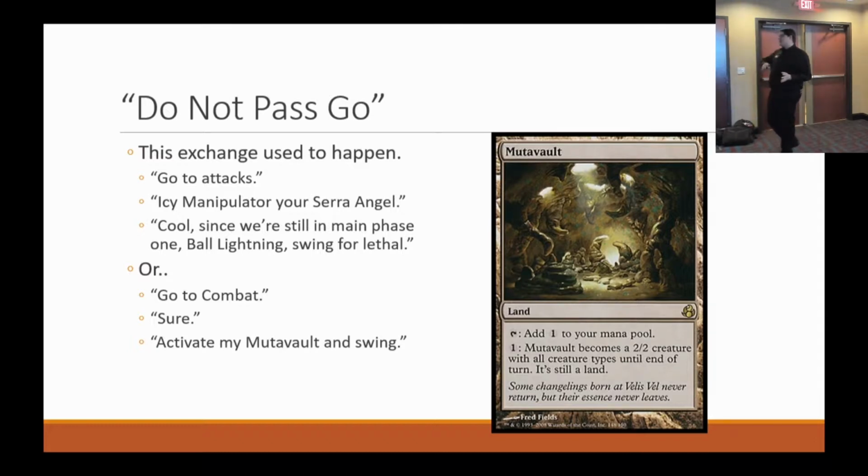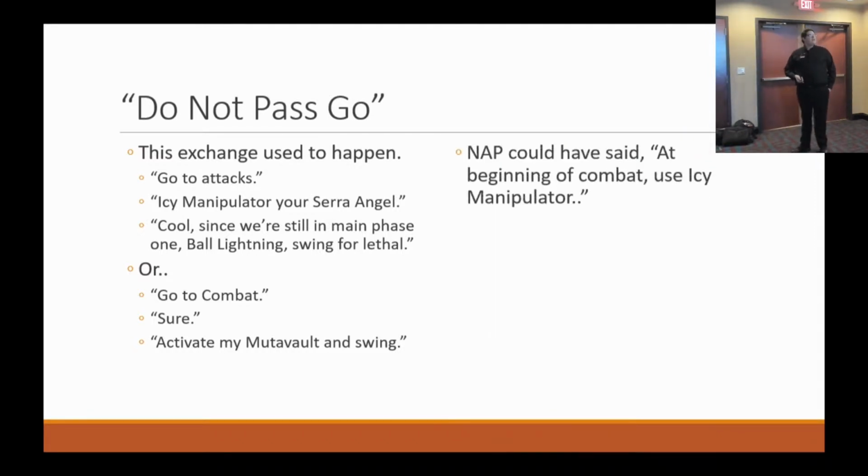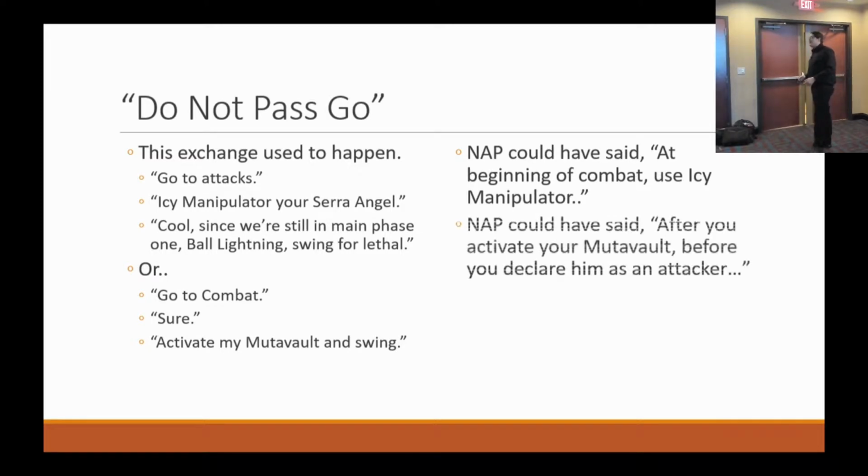But if I do that particular sequence, then it sounds like I'm already in declare attackers, and at that point, it's too late. And sure, you can say, well, NAP should have said, at the beginning of combat, I'm going to use Icy Manipulator. Or at the beginning of combat, after you activate, but before you declare an attacker. But we really don't want to put the onus on NAP. AP is always the driving force of where the turn is and what is happening. NAP needs to be reactive, but should not have to be that specific.